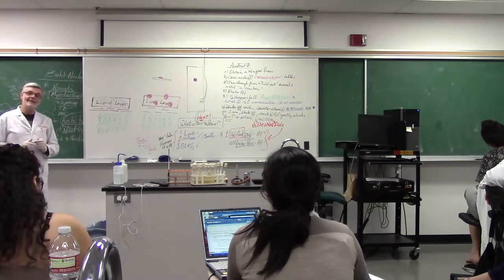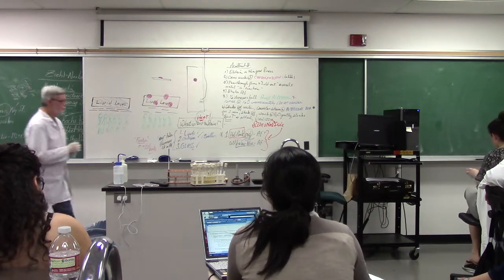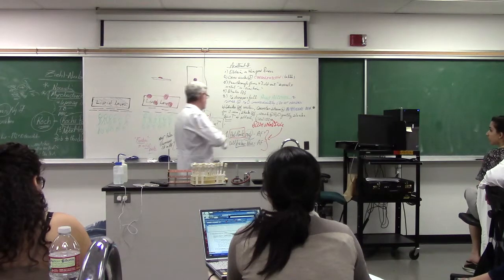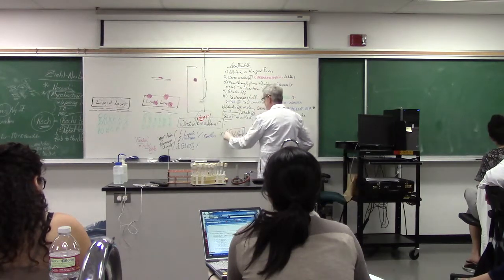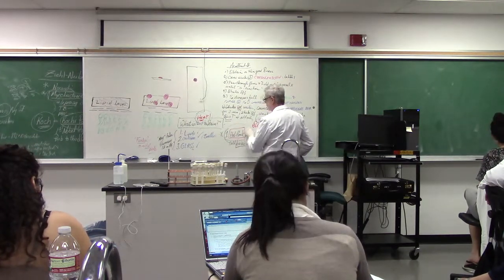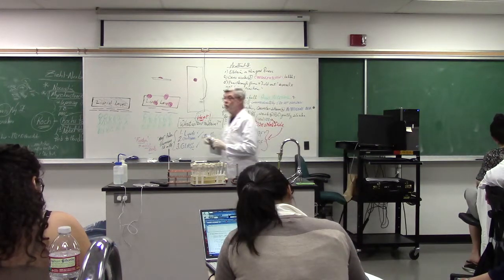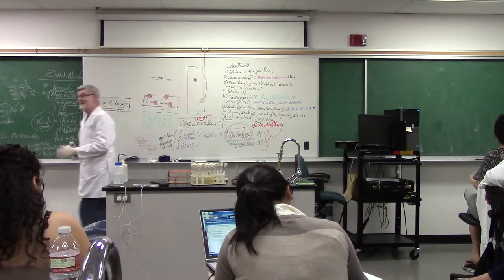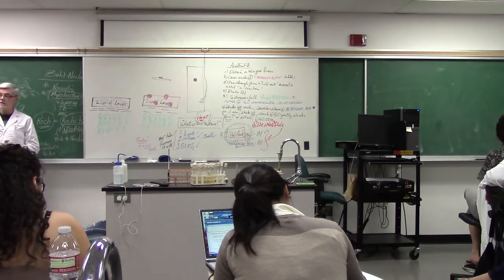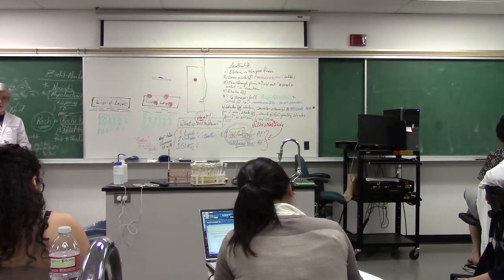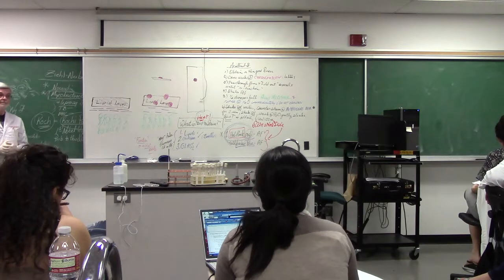So how do you read this stain? And the answer is one hot pink rod makes it positive. It has to be a hot pink rod. It can't be hot pink any other shape. It has to be a hot pink rod. One.